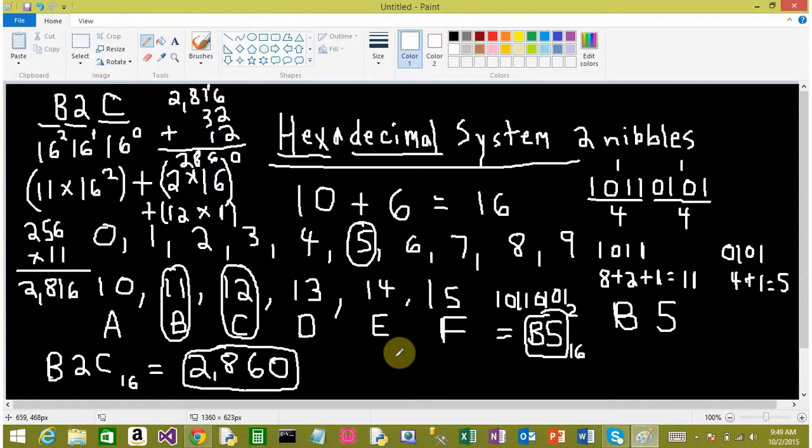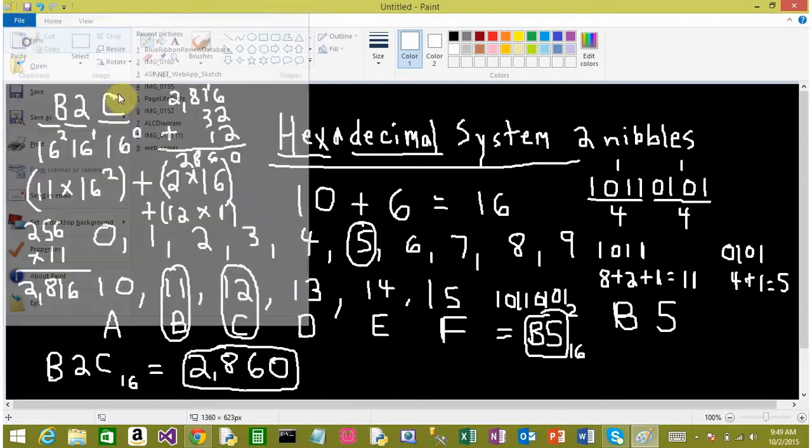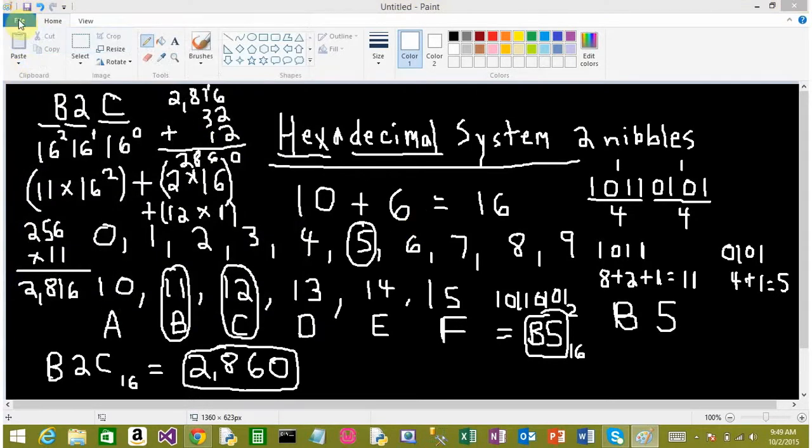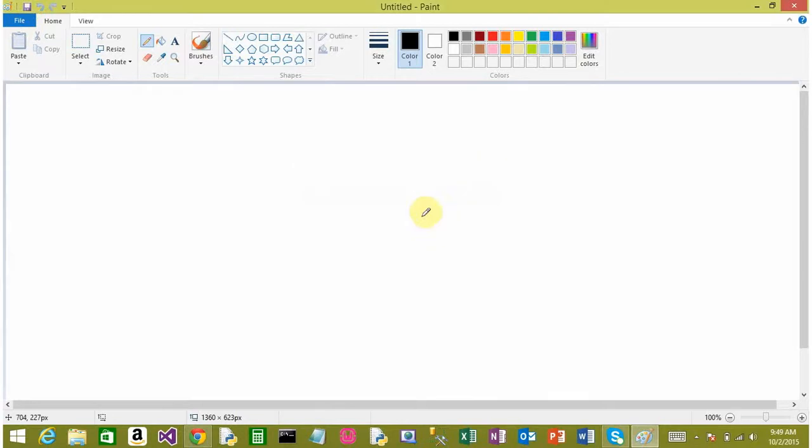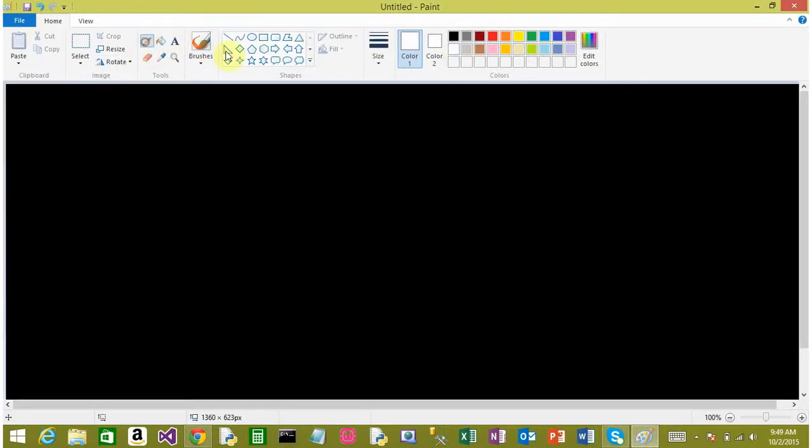Okay, so let's see what else we could do here with the hexadecimal system. We're going to clear the board. So we did binary to hexadecimal.